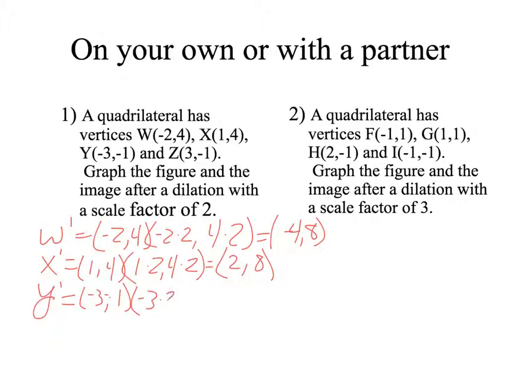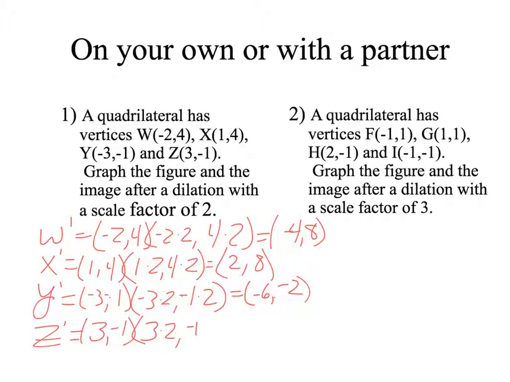Multiply each by 2, and we get -6, -2. Z is at 3, -1. Multiply each by 2, and you end up with Z prime being 6, -2.